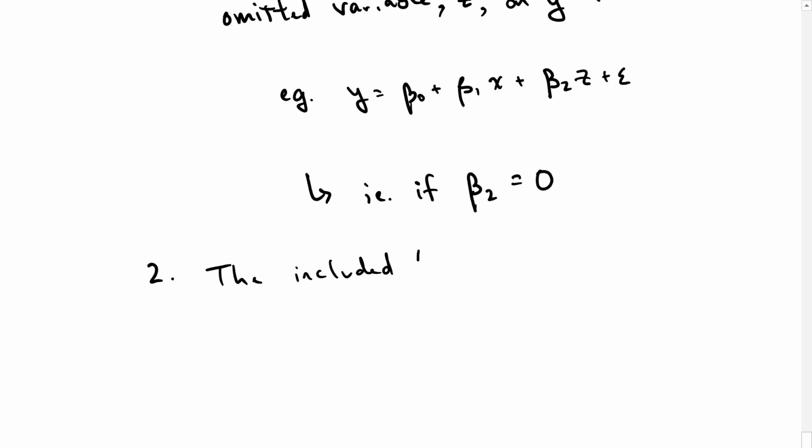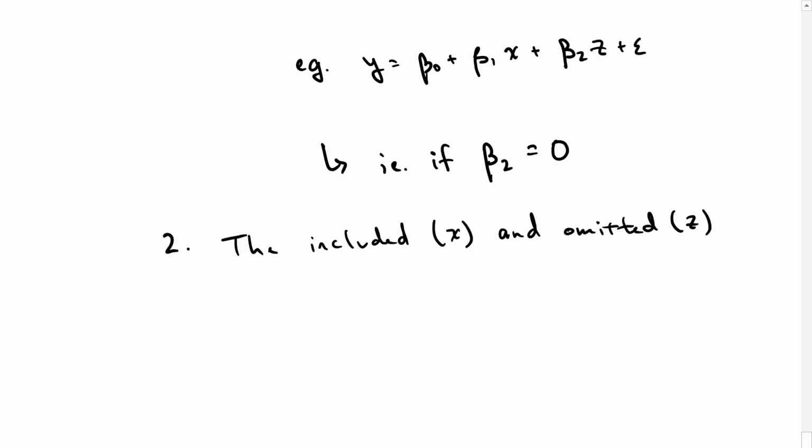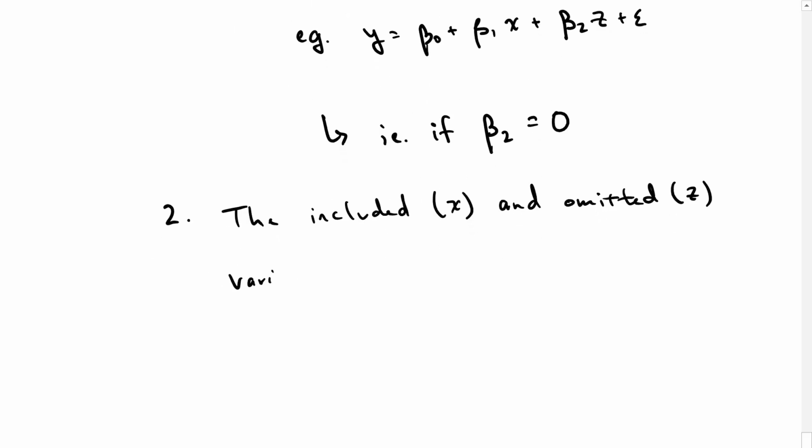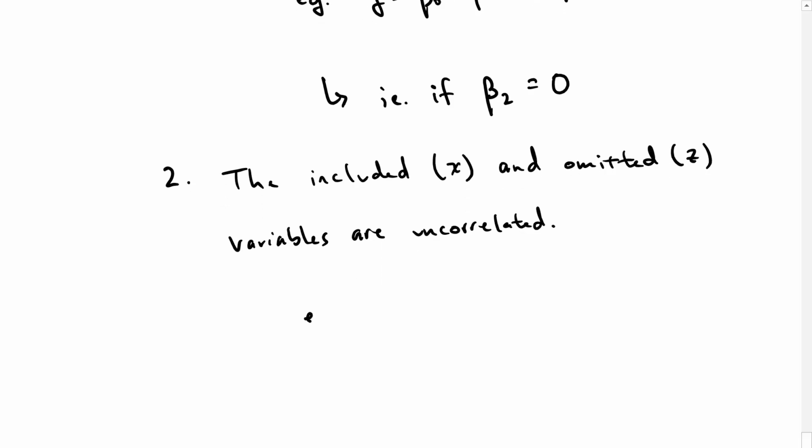The included variables, so for example x, and the omitted variables, so in our example z, are uncorrelated. That would be saying, in the way I've been describing it, that if, and this is a big if, the correlation between health insurance and income is equal to 0.